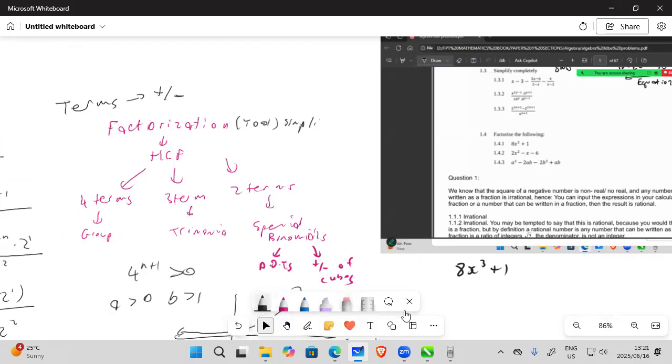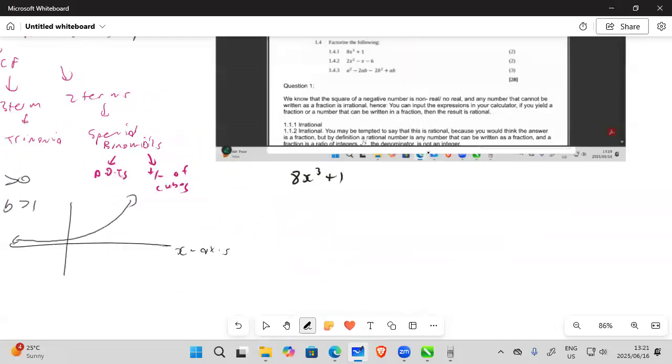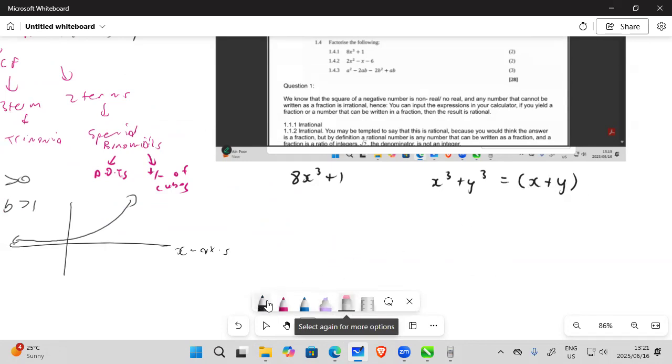So the way we do that is as follows. If I was given x cubed plus y cubed, you cube root the first term, copy the sign, cube root the second term, square the first term, multiply both the terms, x times y, and change the sign. Sorry, my bad, let me do this again. So you cube root the first term, it gives you x.